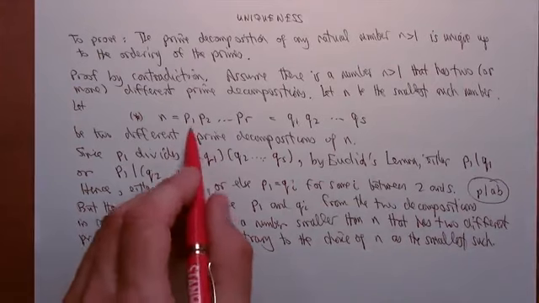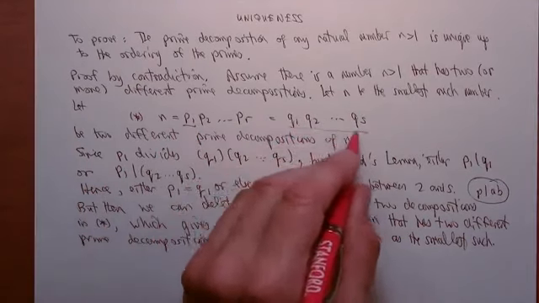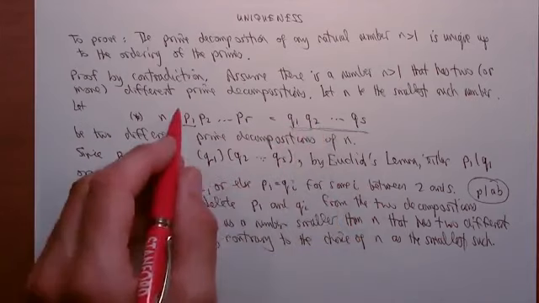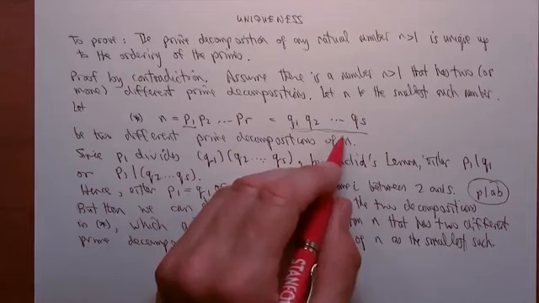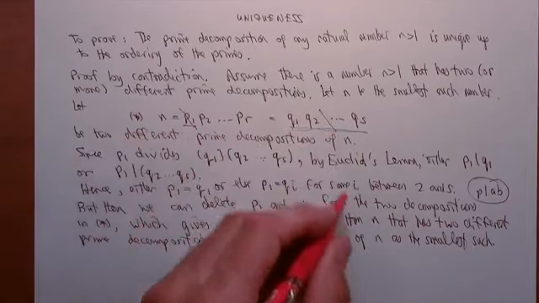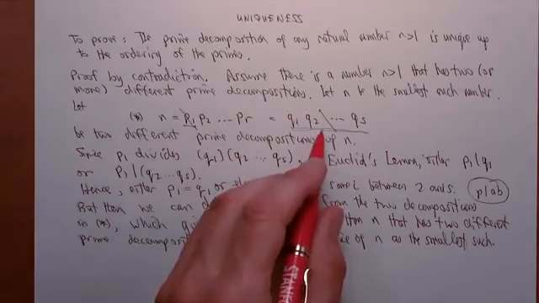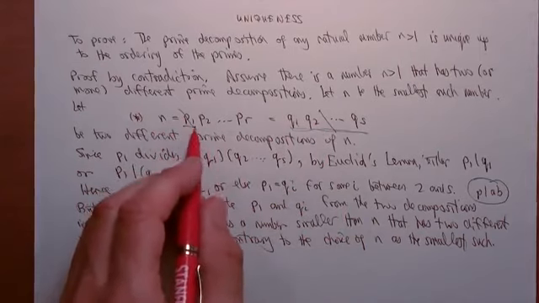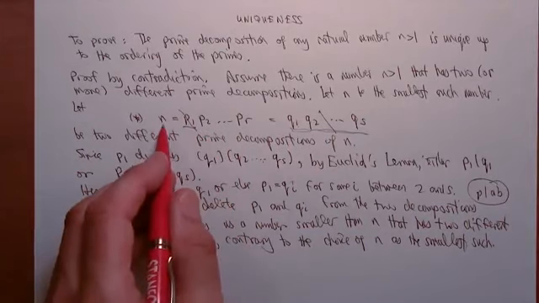Okay, having established that p1 is equal to one of these q's, we don't know which one, but it's going to be one of them, I can delete the p1 from here, I can delete the appropriate q from there, and when I delete p1 from there and some q from there, I still have equality, I still have a prime decomposition of a number, but having deleted that common prime, the number that I get is smaller than n.